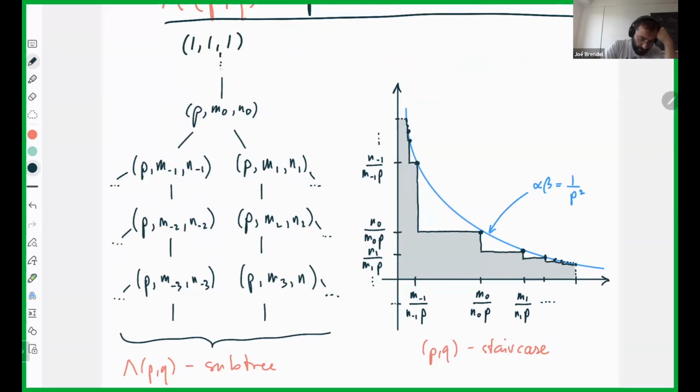A bunch of things may happen in between, but at some point you start with the first Markov triple containing P, and you have some additional Markov numbers M0 and N0. And then you do all possible mutations which preserve this P. So this has two branches, two legs somehow. That's why we call it lambda, because it has these two branches going off.